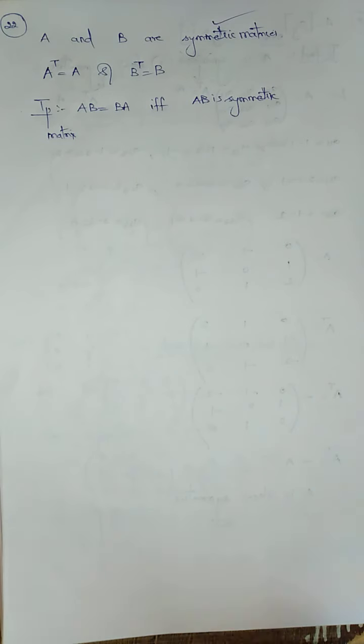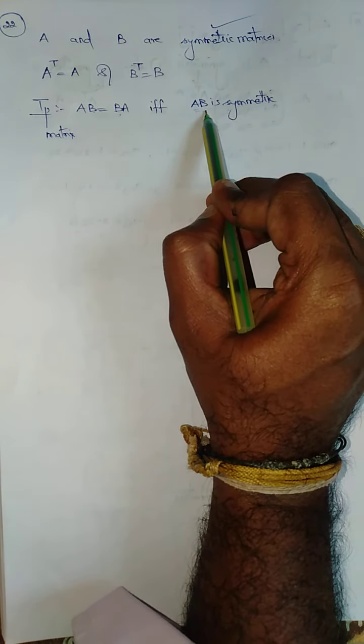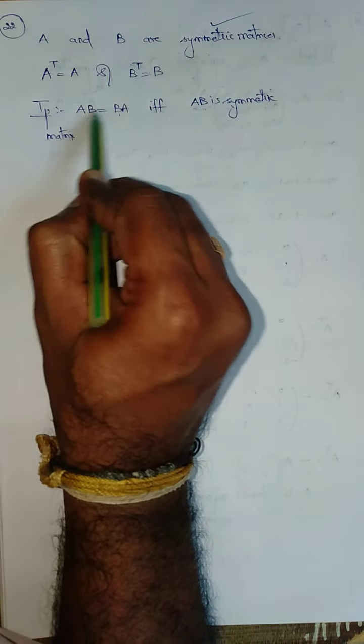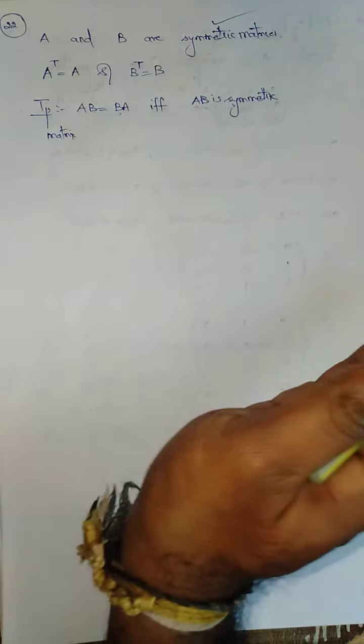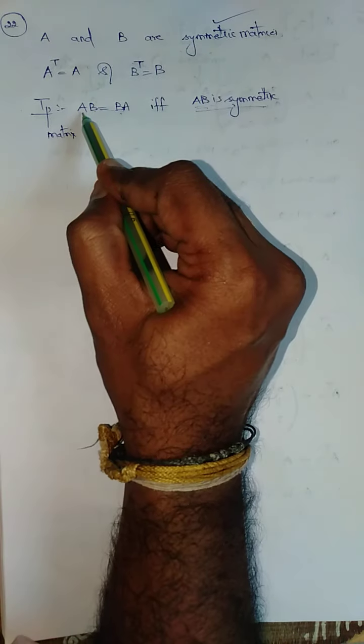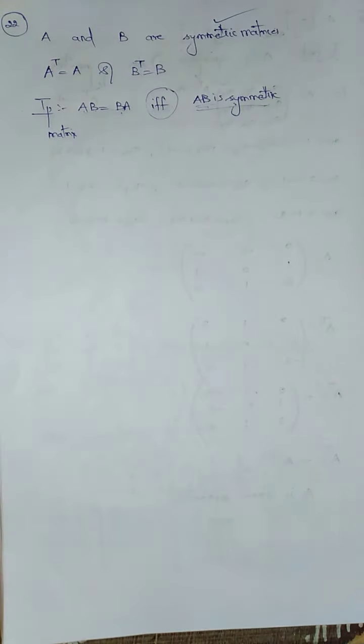If AB is equal to BA, then we can say AB is a symmetric matrix. Otherwise, if AB is a symmetric matrix, I can say AB is equal to BA. That's all. This is the only condition, if and only if. It will go backward and forward like that.